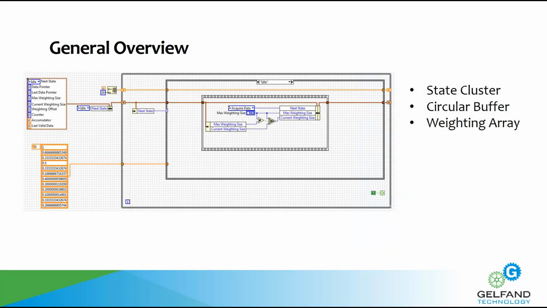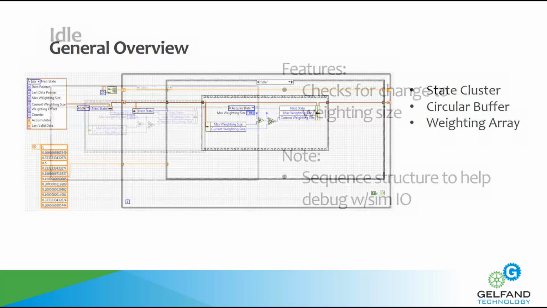And so I created a little cluster to contain my information that I needed to preserve from loop to loop. I created my weighting array, and I created a memory array at the top that had 20 elements, that was pre-initialized for 20 elements. So I started with my idle, and here I could change my weighting size.